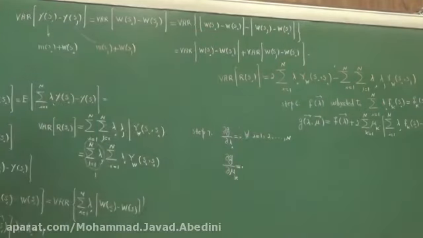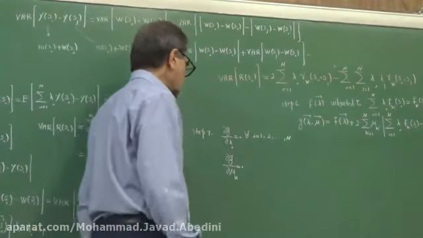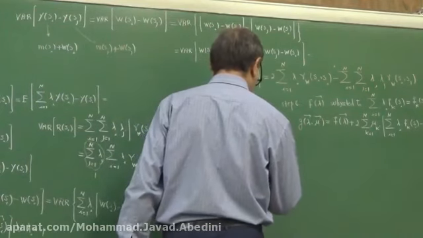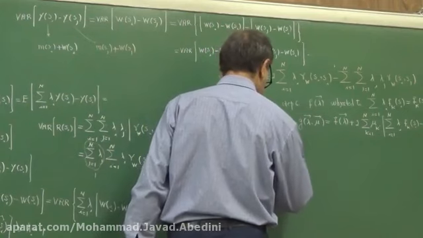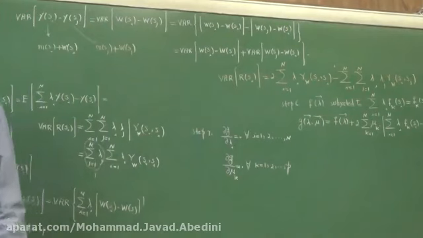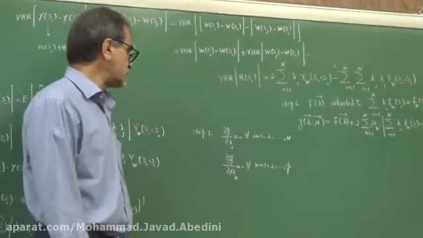Partial derivative of g with respect to mu k equal to 0 for all k. You have n plus p equations with n plus p unknowns.